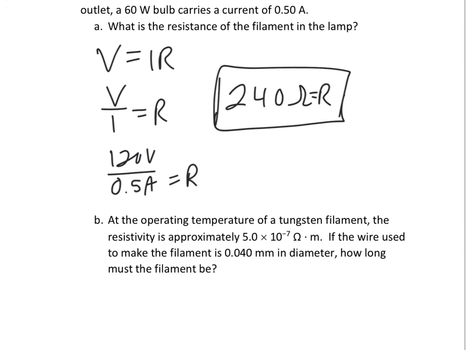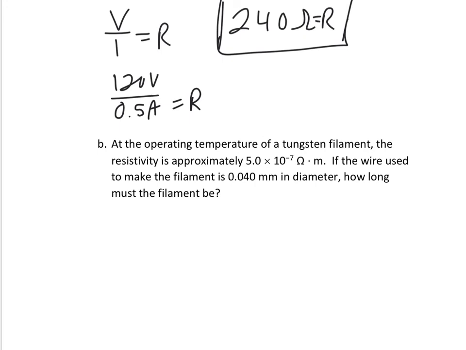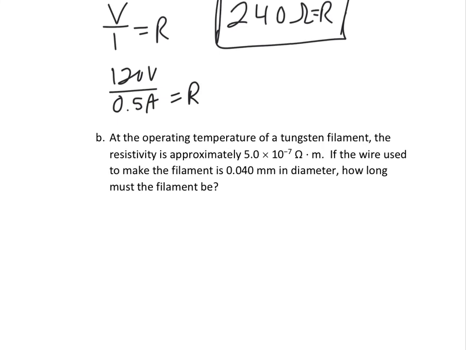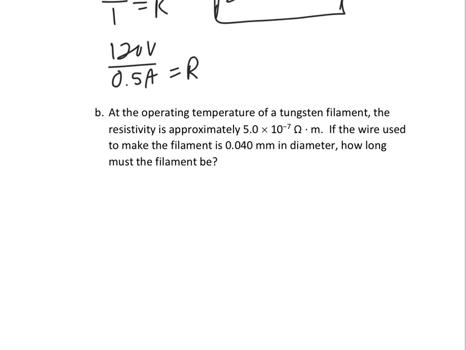Part B of this problem: at the operating temperature of a tungsten filament, the resistivity is approximately 5 times 10 to the negative 7th ohm meters. If the wire used to make the filament is 0.040 millimeters in diameter, how long must the filament be?